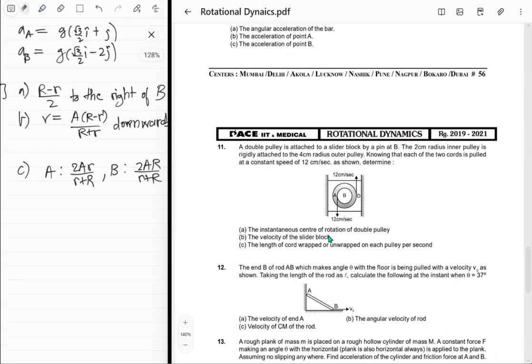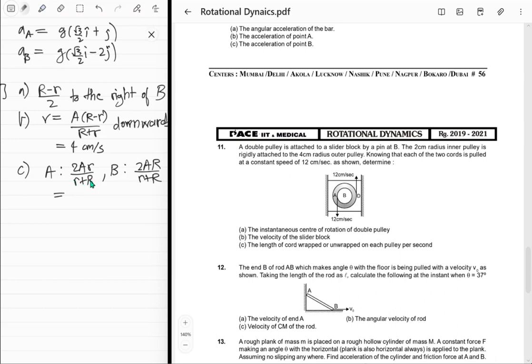Let's actually calculate this thing. So first of all, A is just 12 centimeter per second. What's this ratio, capital R minus small r, all that stuff? Inner radius is 2 centimeter, outer is 4, so it's 2 minus 1 upon 2 plus 1, that's going to be 1/3. So 1/3 of 12 is 4, so it's going to be 4 centimeter per second. Yeah. For A, small r upon capital R plus small r, that's going to be 1 upon 1 plus 2. Yes.